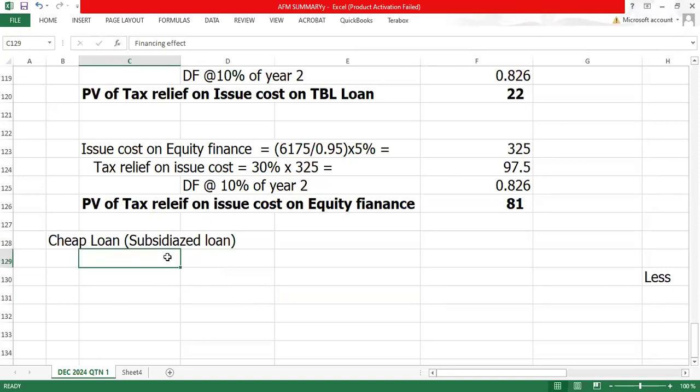What I will do is first get my interest saved. The interest saved is the 20% minus 8%, then times the amount.